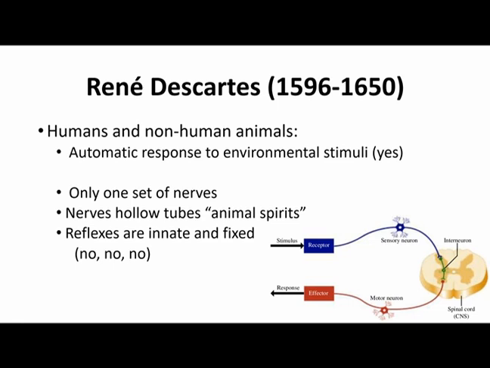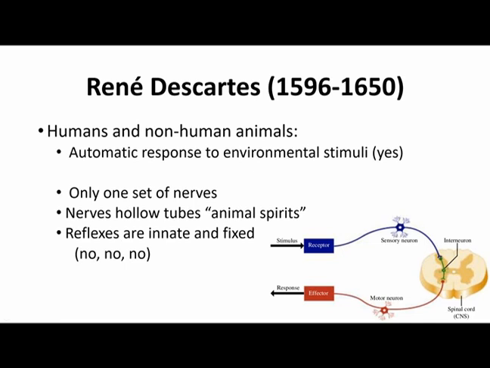And Descartes thought that reflexes are all innate and fixed, so they can't be learned, they just exist from birth and can never change. But we wouldn't have much of a course here if we couldn't talk about things that we learn. So all reflexes are not going to be innate.